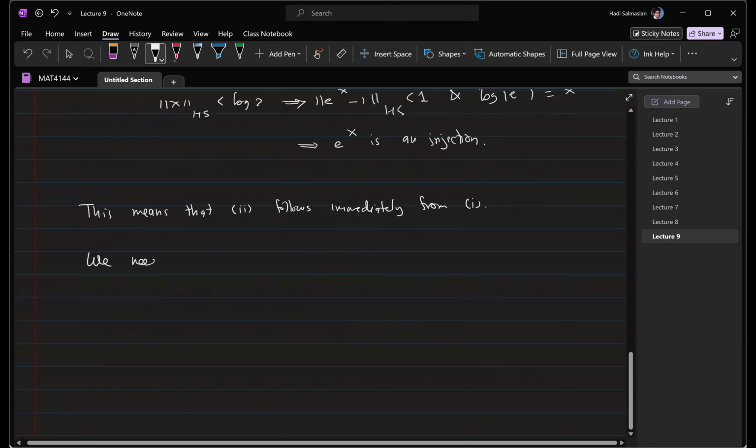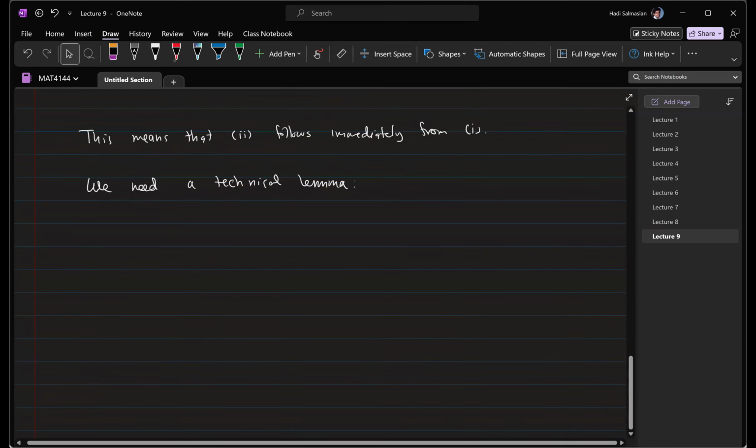So we need a technical lemma. What is the lemma? The lemma is the following. Let Bm be a sequence, since we had n for the dimension of GLnC, maybe I should use Bm.